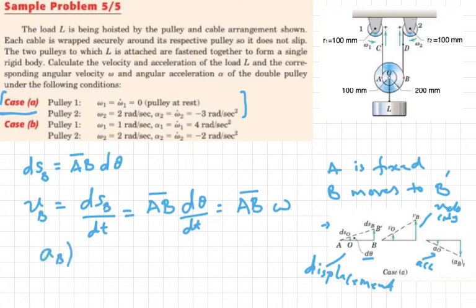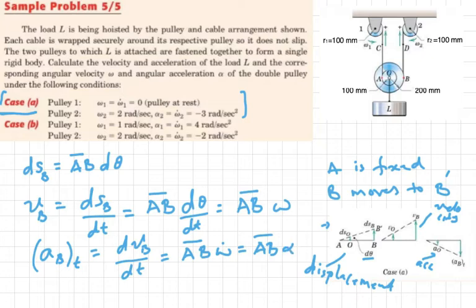We can then find our acceleration as well, the tangential component, which will be dvB dt, and this is the line AB omega dot, which is AB alpha.